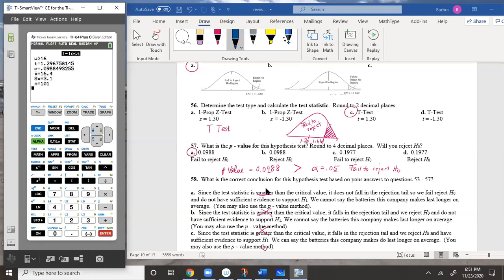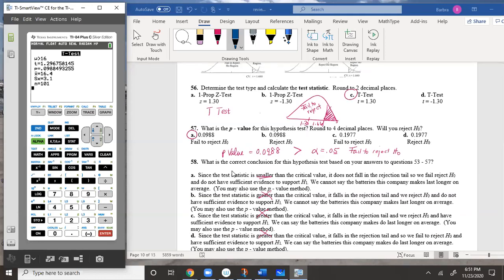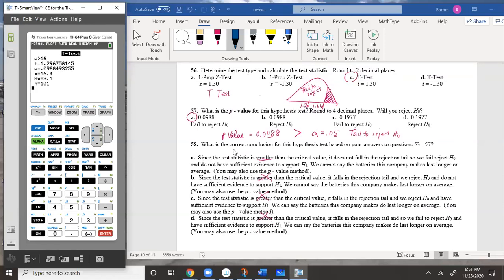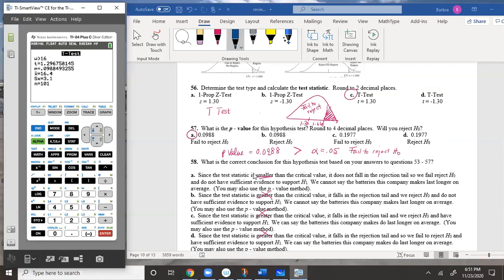So the conclusion is, let's see, how are they wanting us to conclude? They're comparing test statistics. We can do the conclusion in 2 ways. We can compare the test statistic to the critical value, or we can compare the p-value with alpha. This area right here is 0.05, that's the rejection zone. The p-value is 0.09.